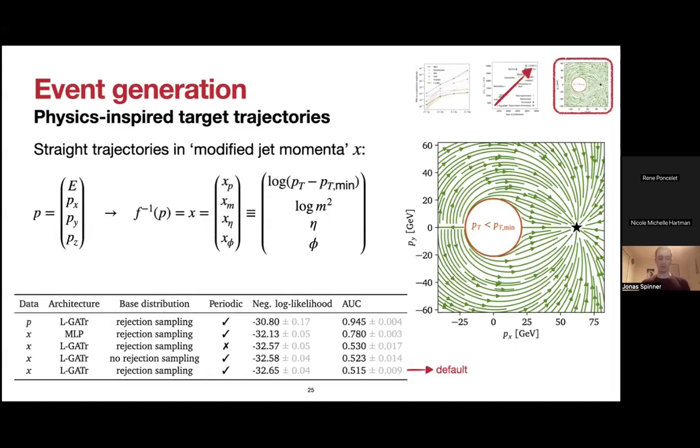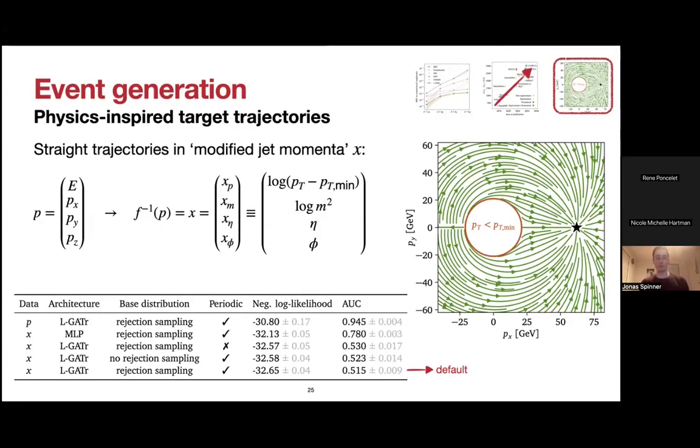We also do two tricks here. First, we do rejection sampling in the base distribution. This means that there are these regions which violate this delta R cut, and when we sample points from the base distribution, we directly neglect points that violate this constraint.